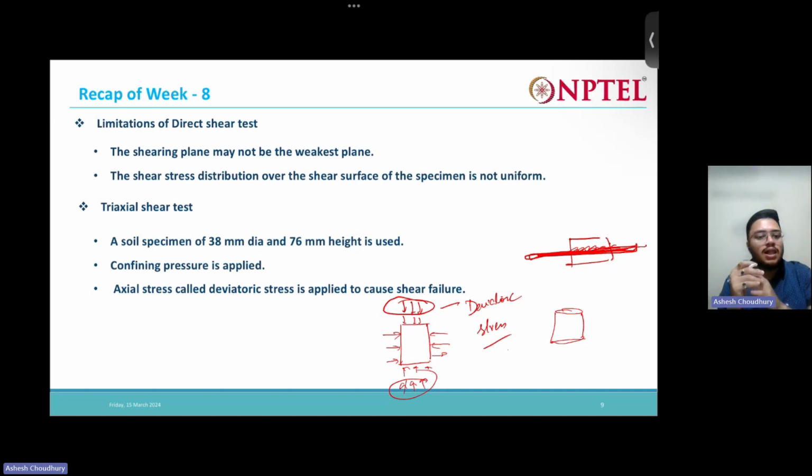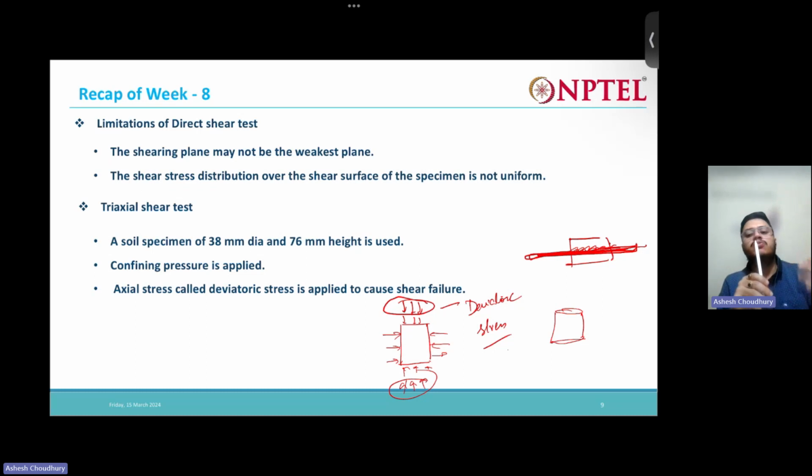The first stage is the consolidation stage, and the second is the shearing stage. In the consolidation stage, we just apply the confining pressure all around the sample. In that stage the soil does not shear.